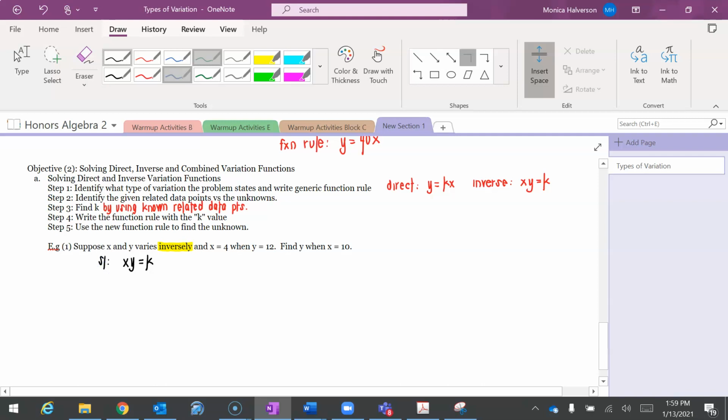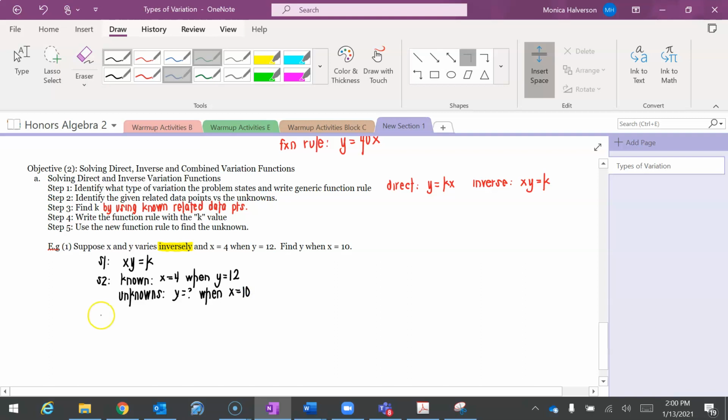Now that we've done that, we need to identify what we know. Well, our known is that x equals 4 when y equals 12. We know that. Our unknown is what y equals when x equals 10.